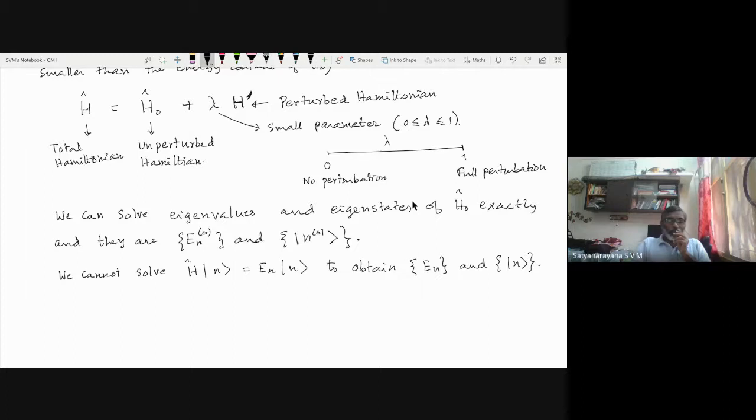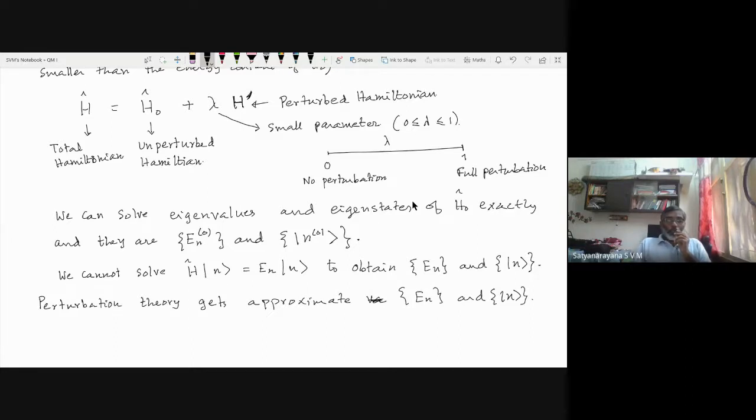So perturbation theory gets approximate E_n and |n>.